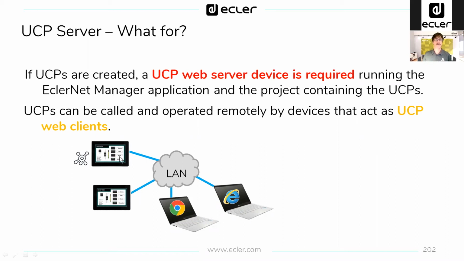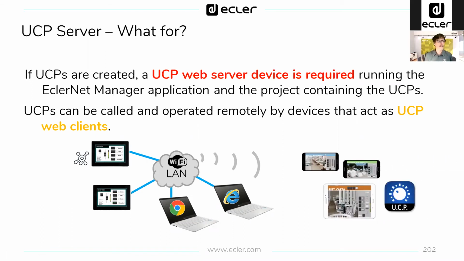So they will point to this IP, and UCP panels will be provided, even if we are in Wi-Fi. These devices have to be in the same network as the UCP server in order to receive these UCP panels, okay?